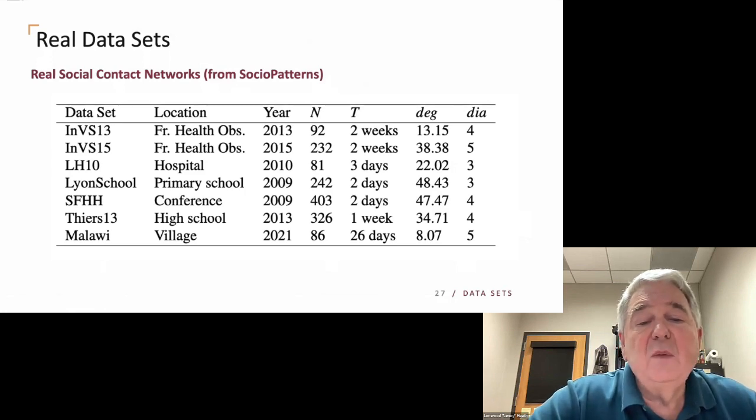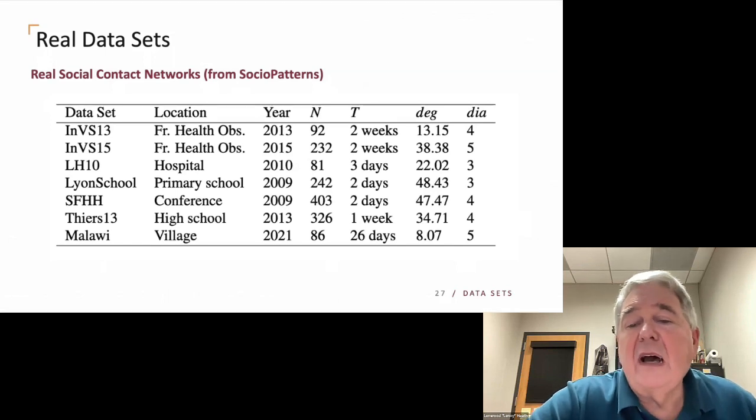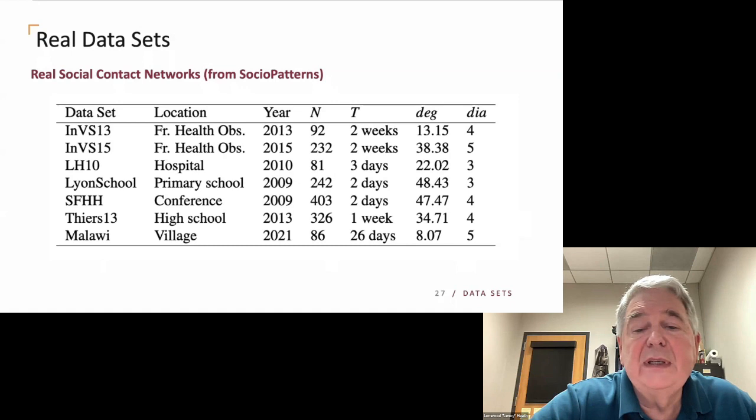And so these networks tend to be more dense, have a higher degree than what we chose for our simulated networks, and they have lower diameter. Again, we chose these to see what kind of results we would get with real contact networks, but as you can see, they're small, the largest one being 403 individuals.